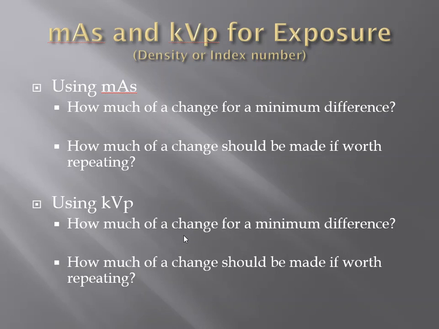So 1/3 of 15% would be a 5% change. A 5% change in KVP is going to give you a noticeable difference. But if it's worth repeating, again, it's worth doubling the exposure. So if you needed to repeat an image because your index number indicated that you were too low, then it was probably worth changing your KVP by 15%.